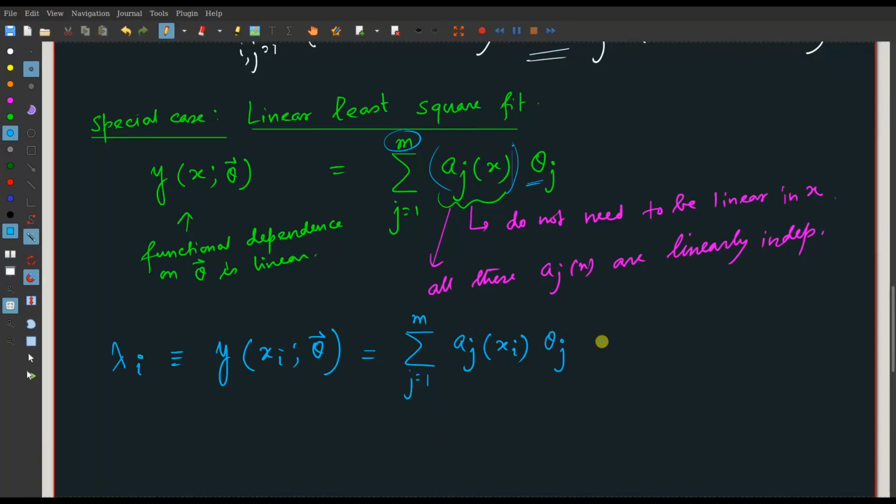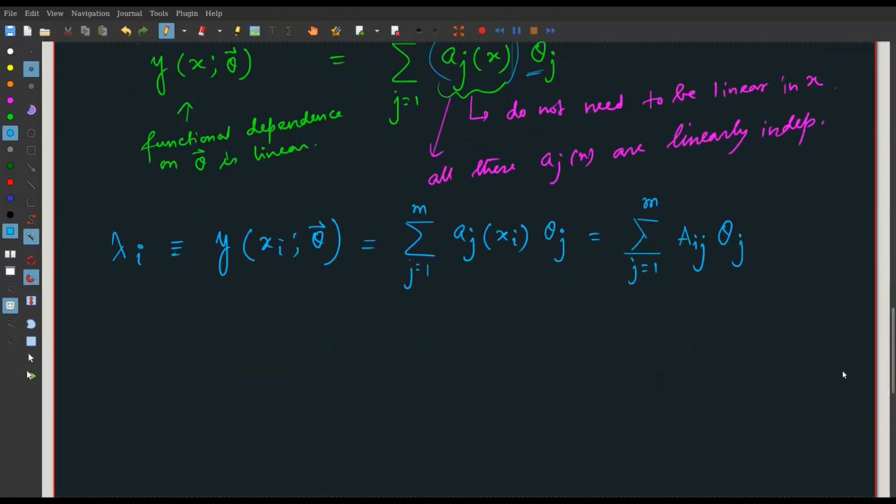And I want to be a bit fancy, so I write it in this form: the summation over j equals 1 to m of a_ij theta_j. All right, so that is my lambda_i.